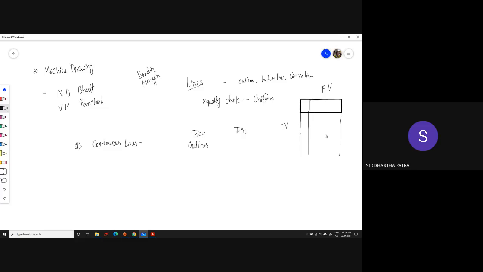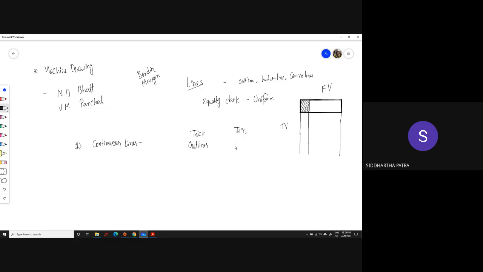Now let's say this smaller rectangular portion is a section and you want to draw the hatches, which are essentially at 45-degree angles. So those hatch lines are supposed to be your thin continuous lines.